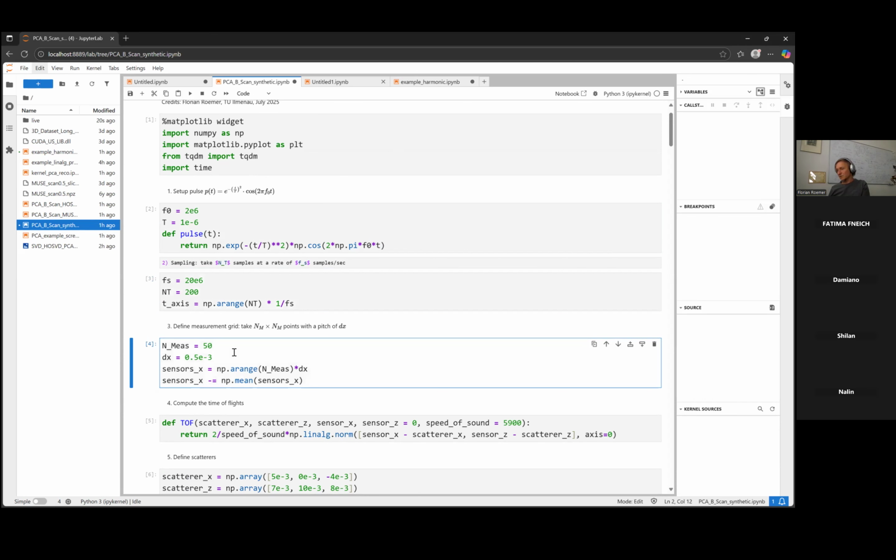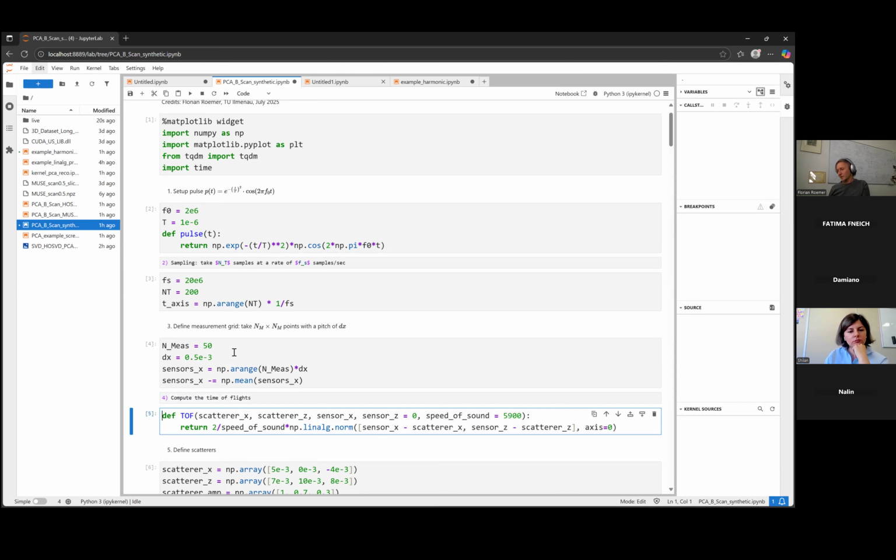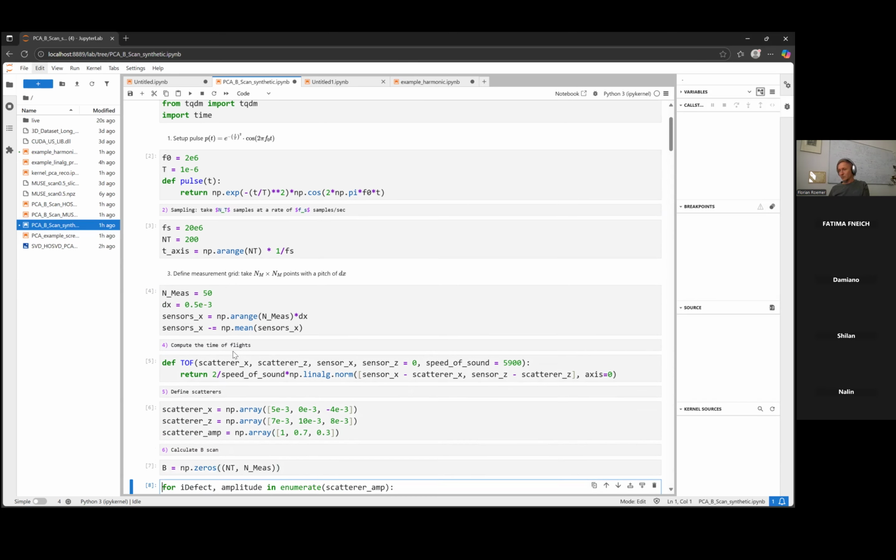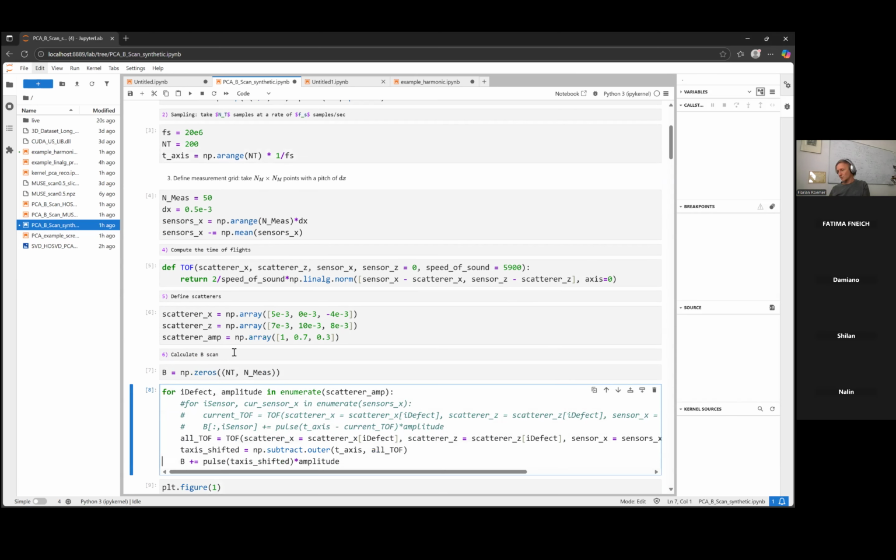I sample it in space using some sort of spatial separation. So you can see here it's actually an ultrasound example. And then I define myself the time of flight between the points I measure, the scatterer where the signal gets scattered, and the signal going back. I define locations of scatterers in X and Z and amplitudes. And once I have this, I can generate a B-scan from it. So simple enough.